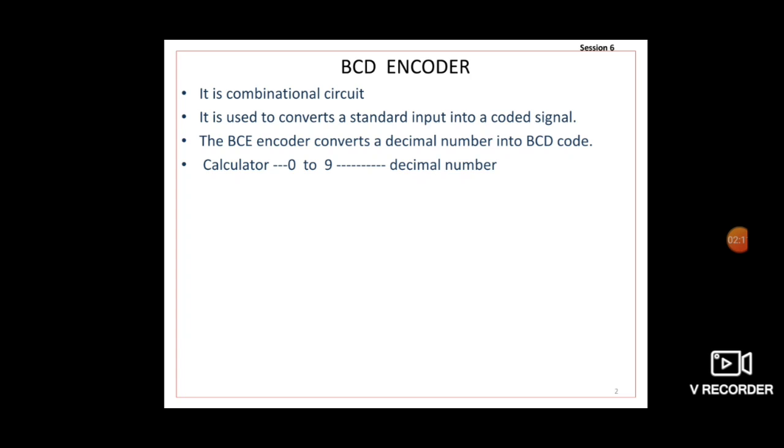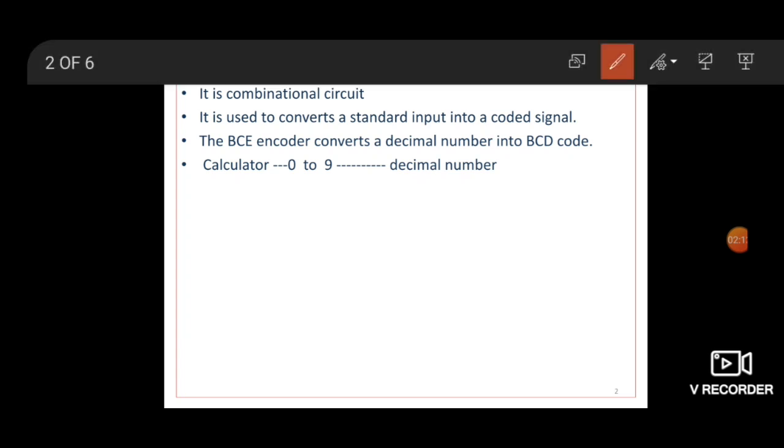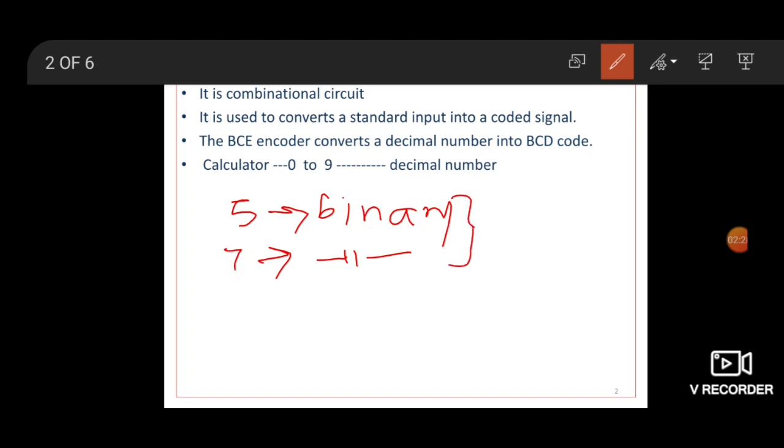Okay, suppose, for example, we press the number 5 first. This number is converted into a binary number. Again we press, suppose, number 7, and this is converted again into a binary number. Then we perform addition, suppose subtraction, and then we get the result again in binary.